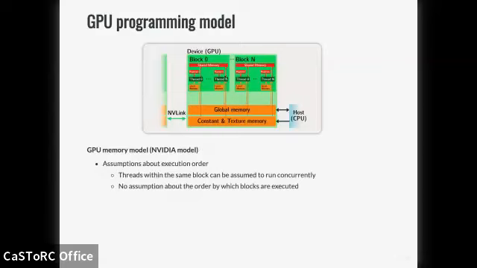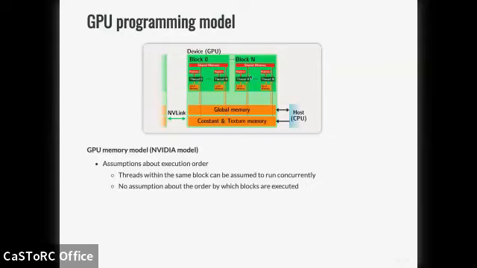Now, these blocks here, you can have multiple of them running in parallel. These groupings of threads can run in parallel, but you as a programmer cannot make any assumptions about which block runs first and which block runs second, etc. So the GPU just takes care of running these blocks in parallel.